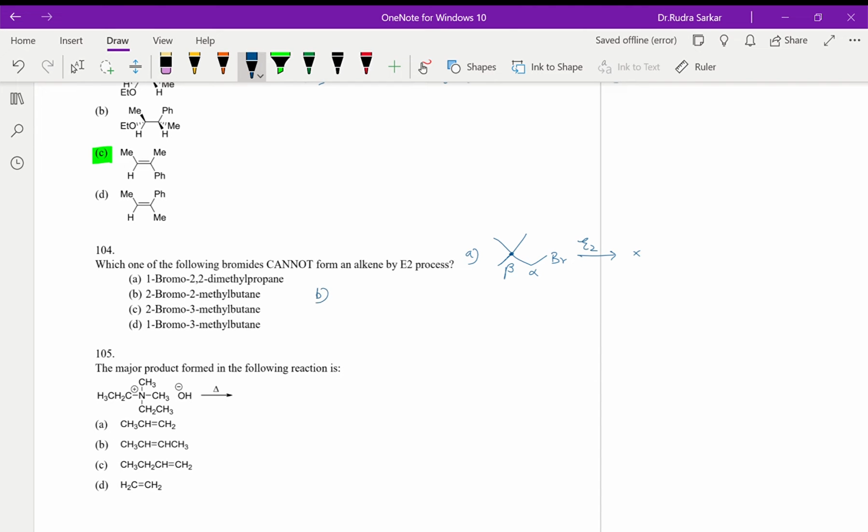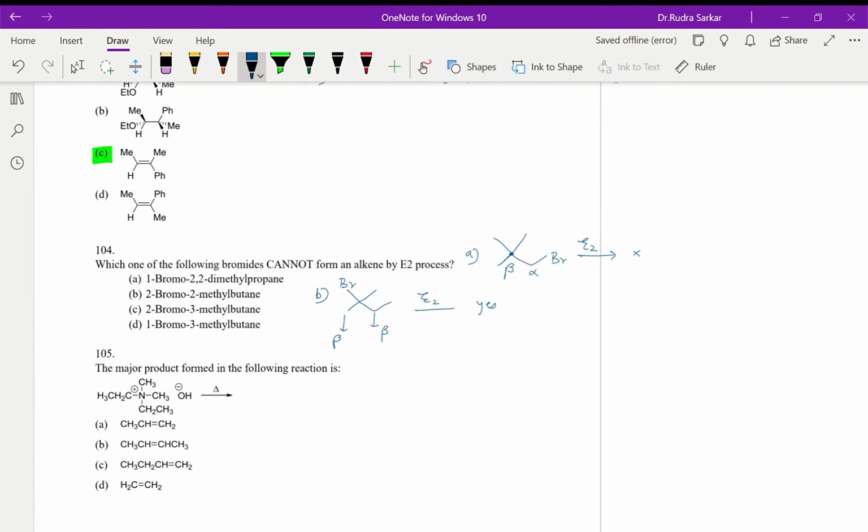For B, the structure is something like that, and obviously it can have hydrogens here, also here, so it can undergo E2 reaction. We will say yes.